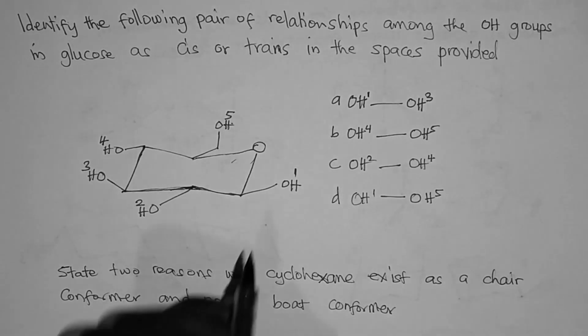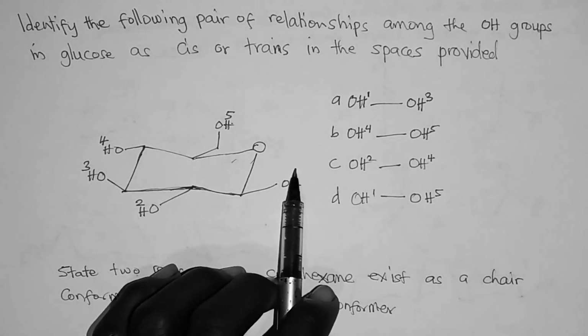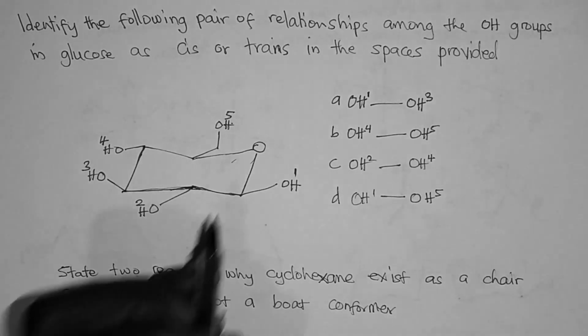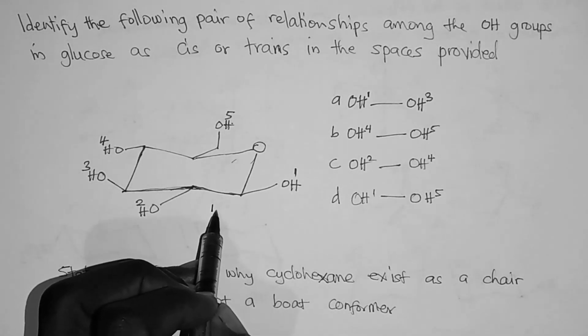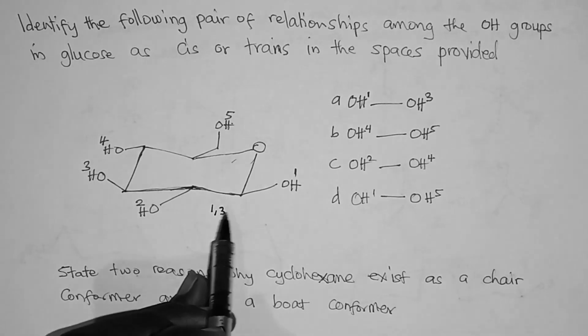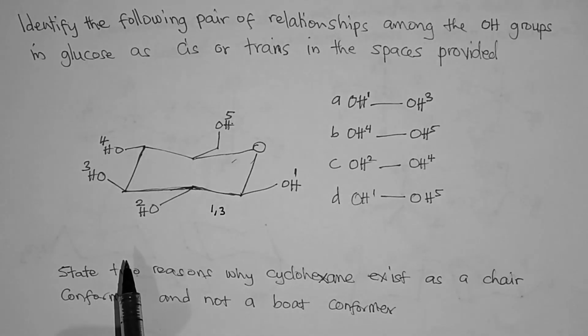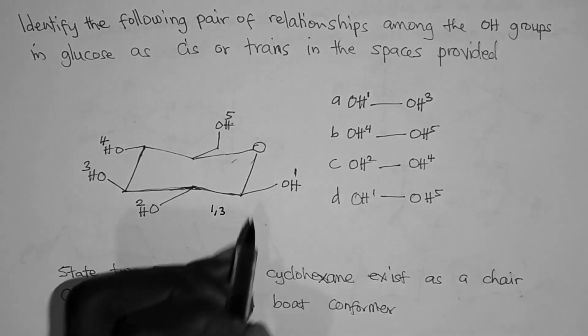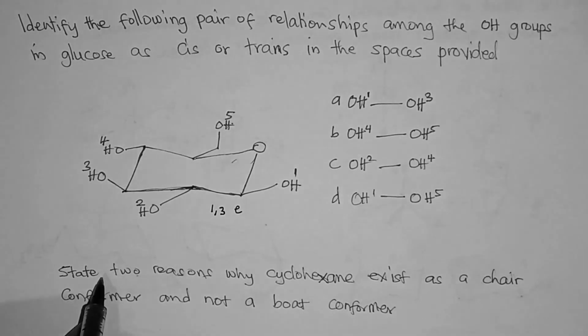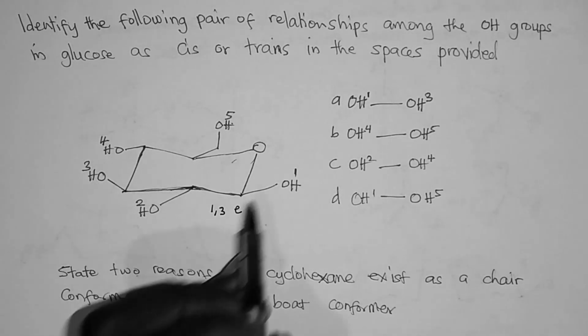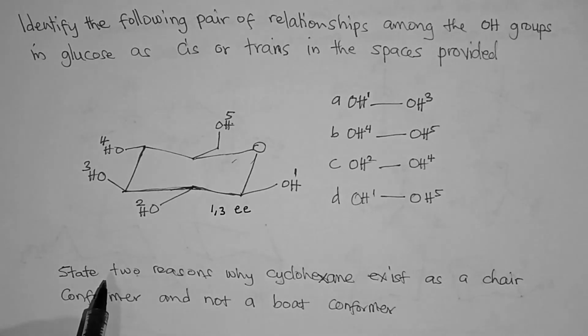So now OH1 and OH3, you see that, so let me write it here, OH1 and OH3, which is 1, 2, 3, a 1-3 relationship. OH1 is in the equatorial position, and OH3 is also in the equatorial position.